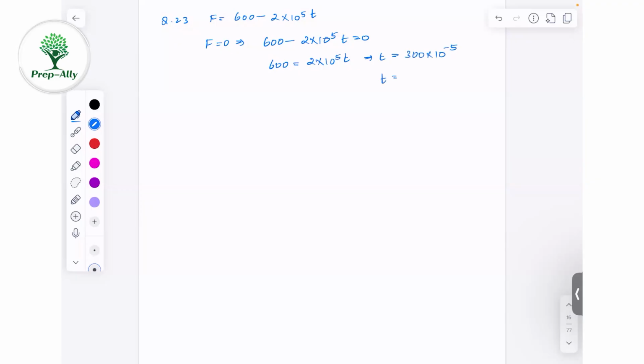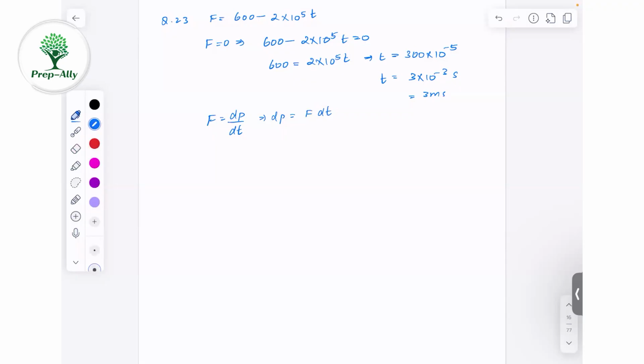That gives us time 3 into 10 power minus 3 seconds or 3 milliseconds. So within just 3 milliseconds, it comes to rest. The gun comes to rest. Now, what is the momentum imparted to the gun? We know that F is dp by dt. So we can say then that dp is F dt.